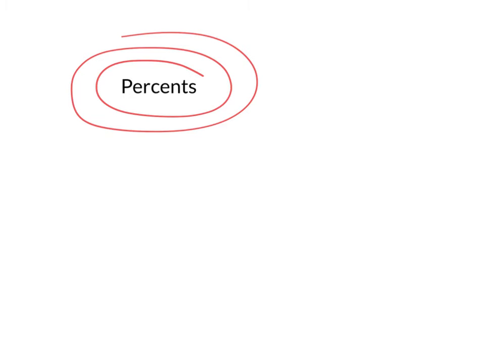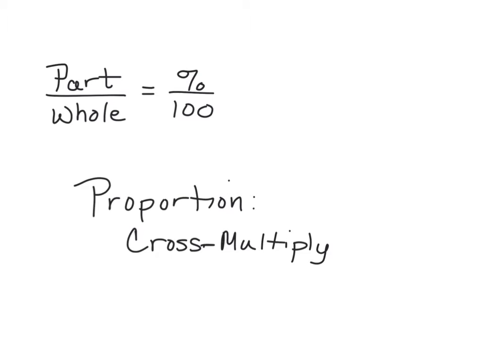dealing with percents. So we have a basic proportion that we use when we deal with percents. And it looks like this. We put the part over the whole, and that's equal to, now when we talked in class last week, it was part over whole equals part over whole. But we're going to talk part over whole equals percent over 100. So here's what's going to happen. That 100 is always going to be in the denominator of that fraction.